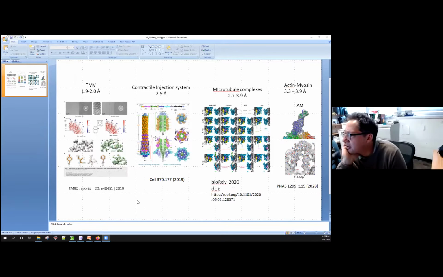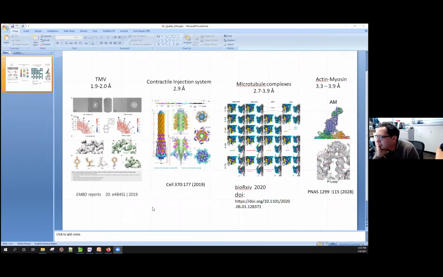I just went to the EM database and ordered the structures that say helical processing. I may have missed a few because the database has a weird way to check. These are structures that say in the procedure that they used helical reconstruction, but if they used a single particle helical reconstruction hybrid, they may not have been listed. So these are specimens that have used helical reconstruction in some way.